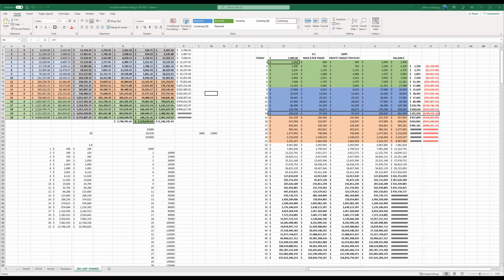So the idea is I want to share this, which is going to be the most important part. We can see the risk reward table, and the trades too.